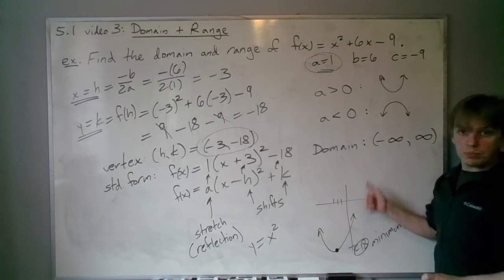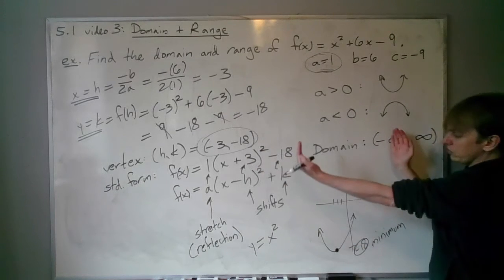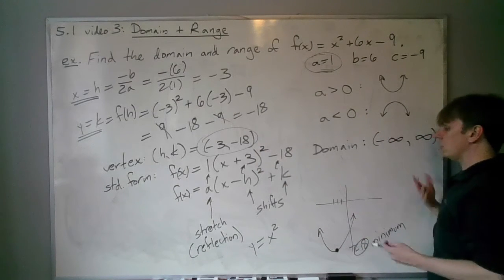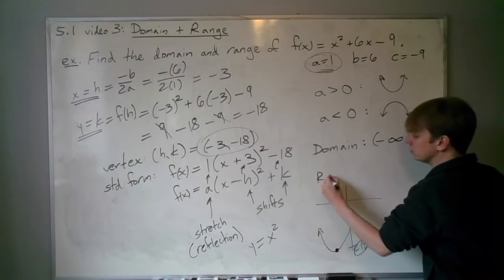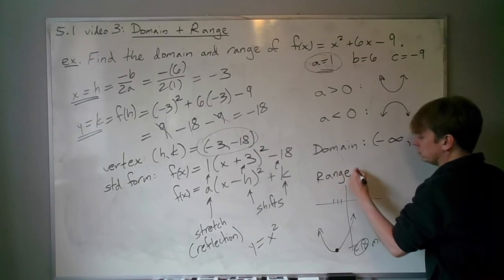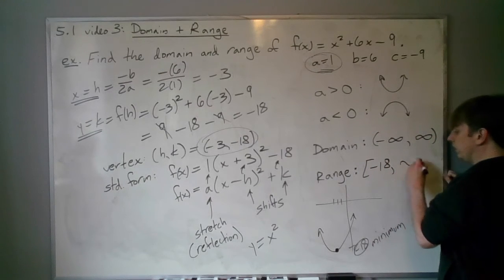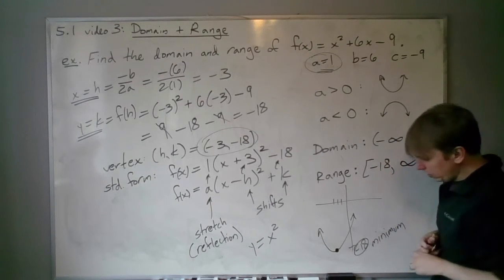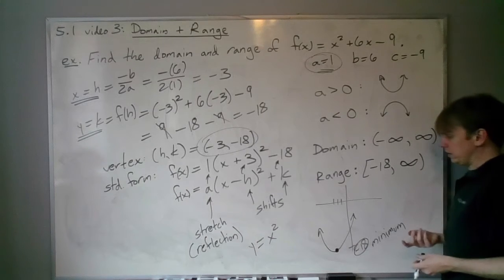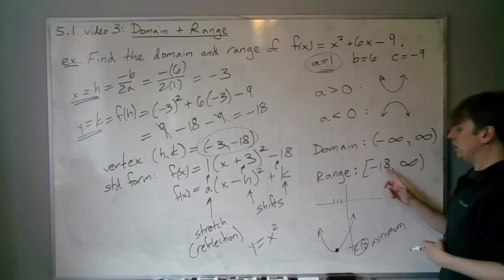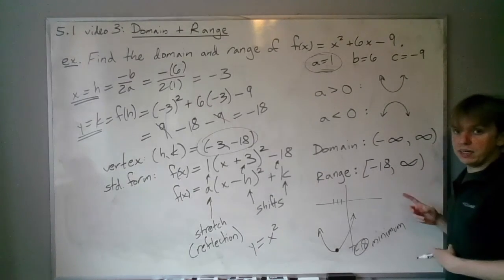But we keep going up and up and up because the parabola continues going upwards in both directions. So our range would be all numbers from negative 18 up to positive infinity. And that's always going to be the case, that the range is k, comma, infinity, if a is positive.